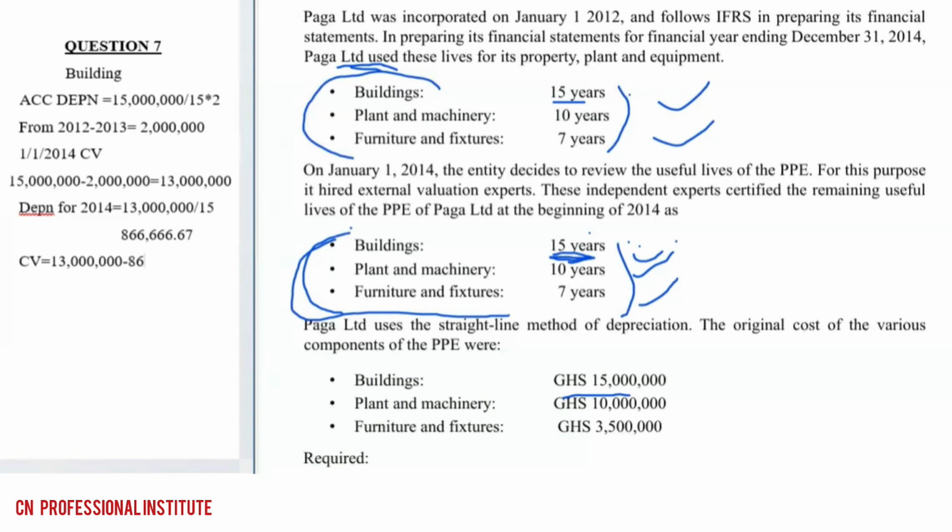The remaining, the 48 million minus the depreciation of 3,200,000, would give us a value of 44 million 800 thousand.